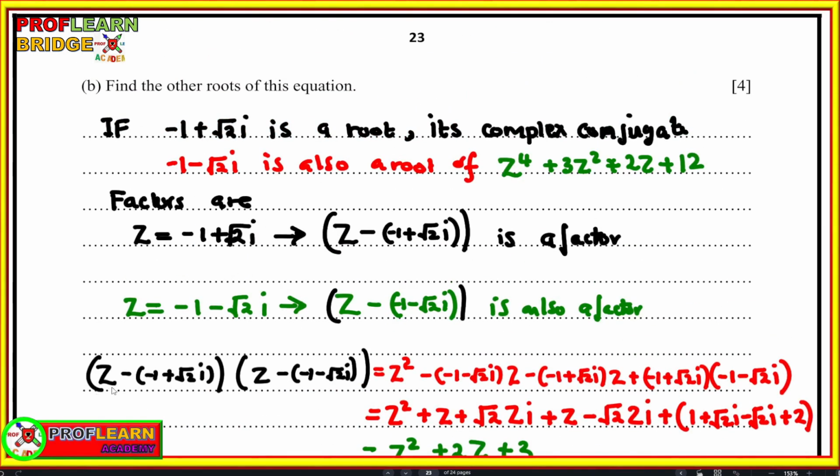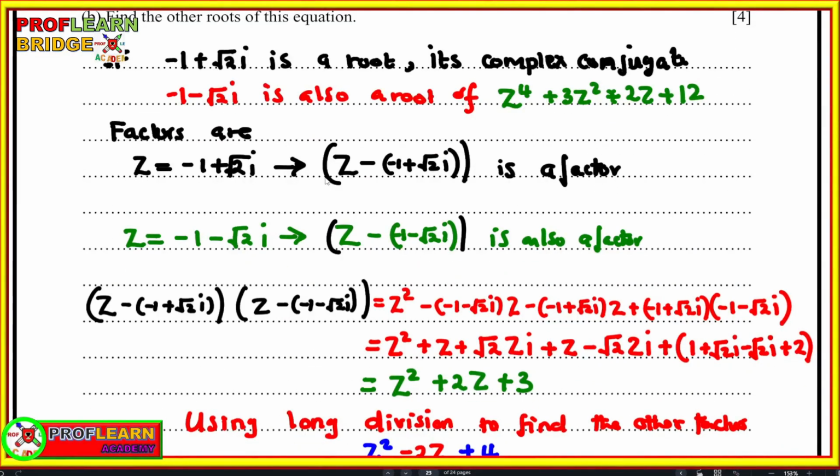If you multiply the two factors, you are going to form also a factor of the quartic function. So meaning that if we multiply this factor that we have here and this factor we have here, we are going to have a quadratic factor.